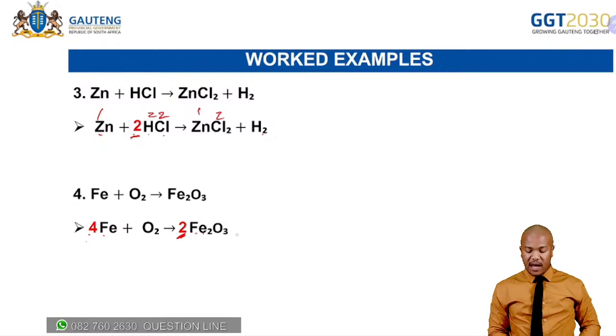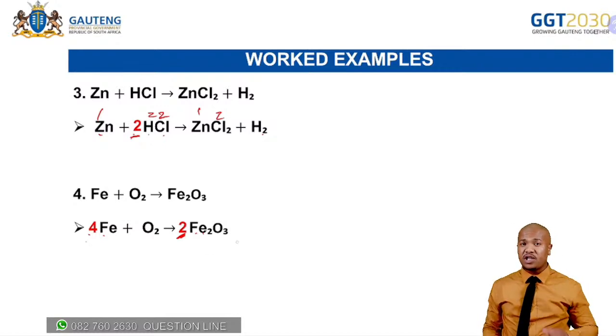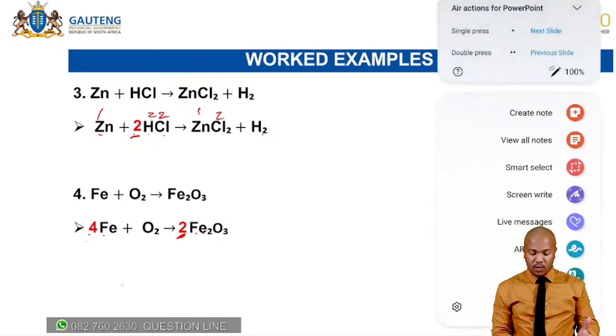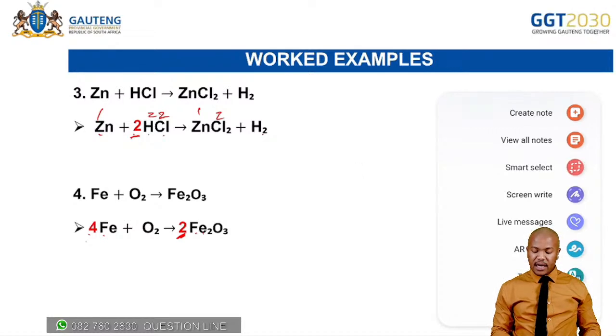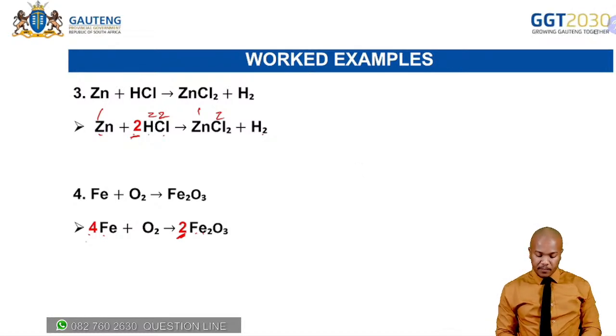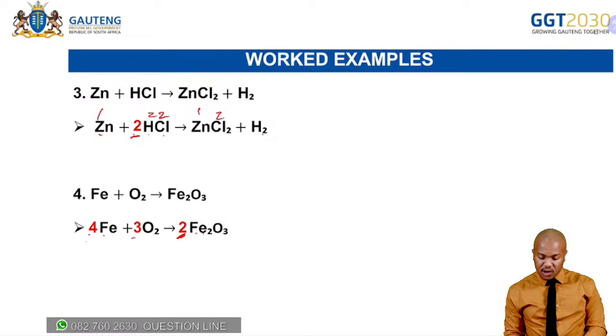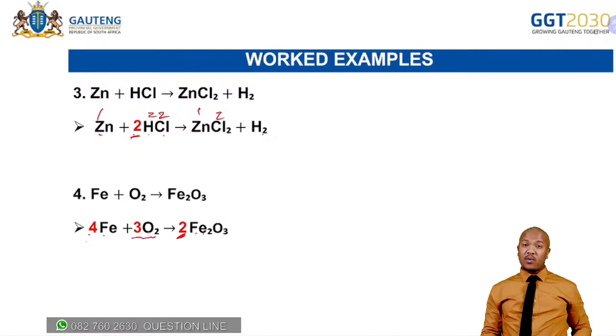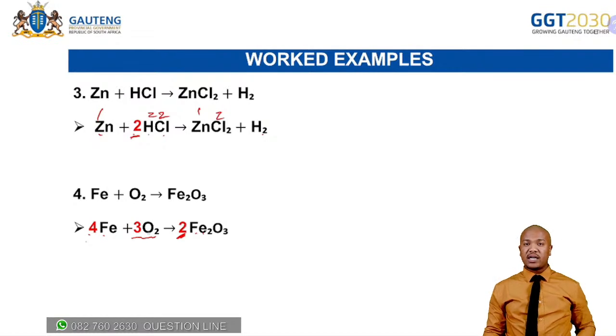So 2 multiplied by 3, we have now 6 oxygens on the product side. And on the reactant side, we only have 2. So we can simply add what? A 3 as coefficient, right? 3 to balance this whole equation, because 3 multiplied by 2 is equal to 6. So now we have 6 oxygens on the reactants, and 6 oxygens on the product side.